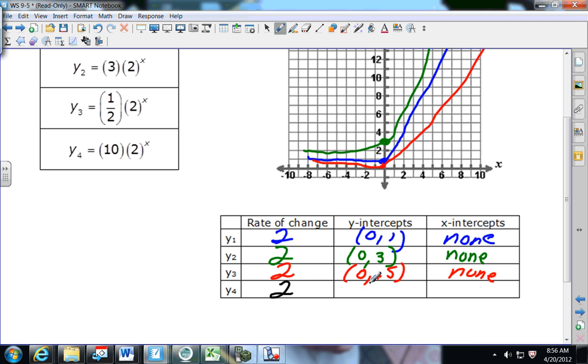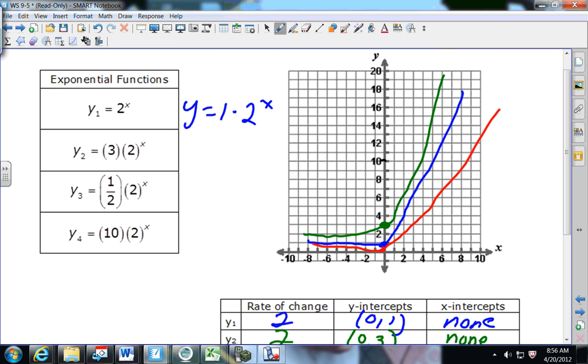Steepness is the same. What's my starting point? 10. There's still no y-intercept, so my starting point would be up here at 10. Okay? So this number in front is my starting point. This number right here is the steepness of my line, that base, that rate of change.